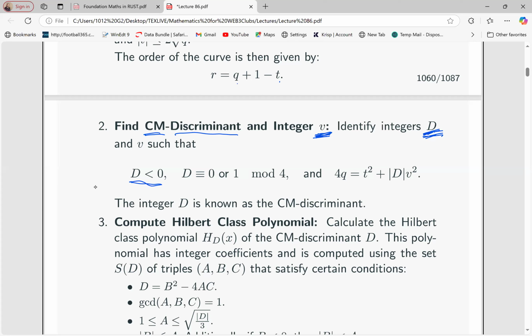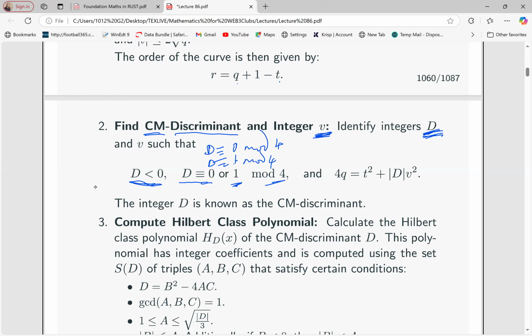And then it must be congruent to 0 or 1 mod 4. So D must be congruent to 0 mod 4 or D must be congruent to 1 mod 4. So again, that is very important in your selection of Q above. In the selection of Q, one of these scenarios must be met. And of course, this one.